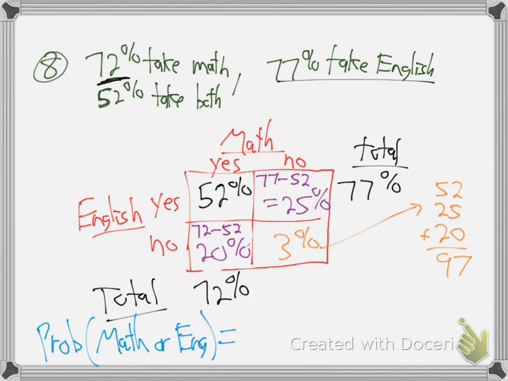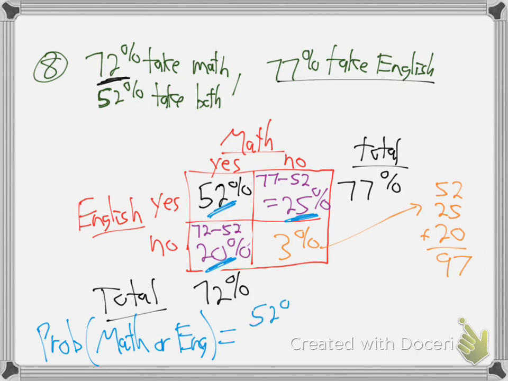It would mean all three of those boxes, because these boxes are people taking math, and these boxes at the top are people taking English. So it's all three of those boxes: they're taking math or they're taking English. So we just add those up, don't we? Because or always means add.